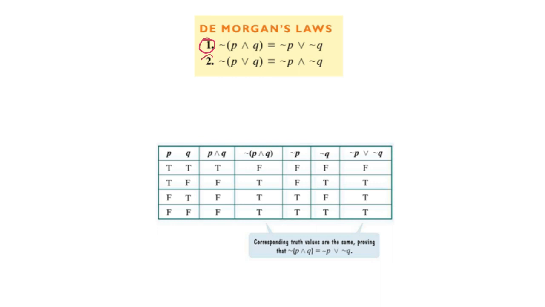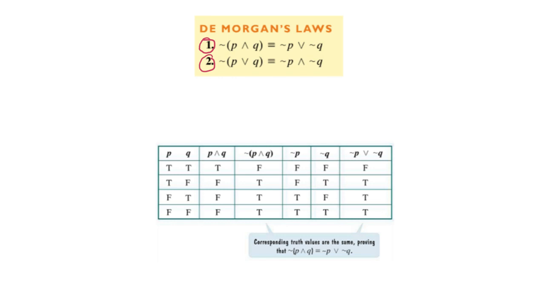For the disjunction number 2, and we're taking the negation of a disjunction now, notice it changes from a disjunction to a conjunction, and you take the negation of each of the letters inside the parentheses.